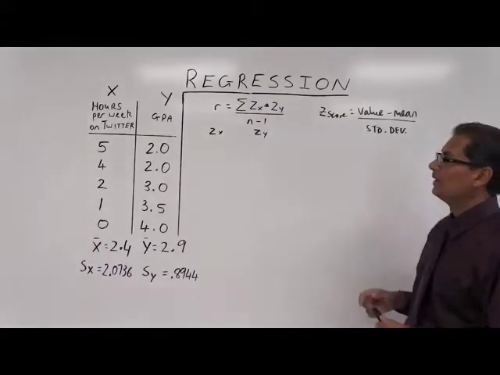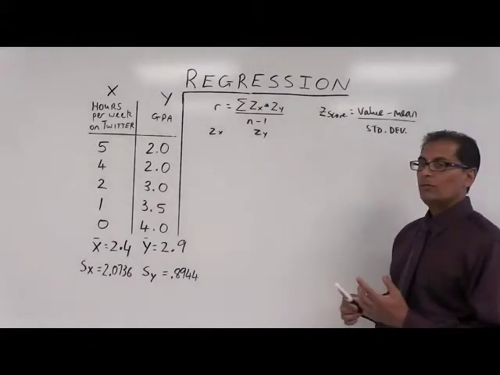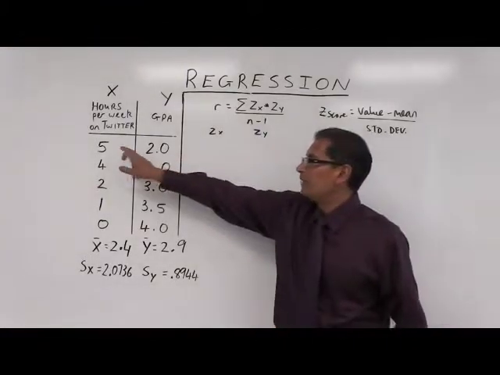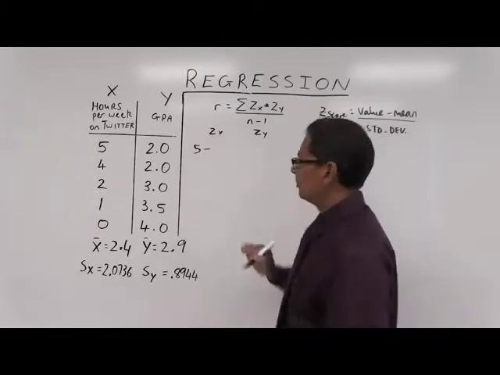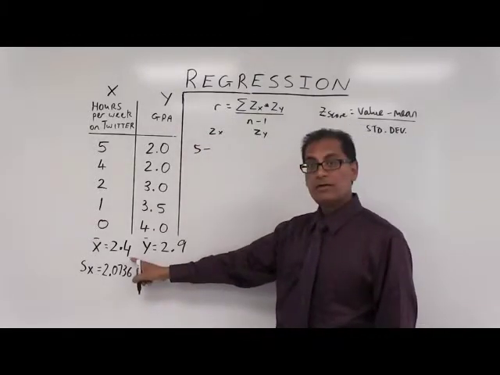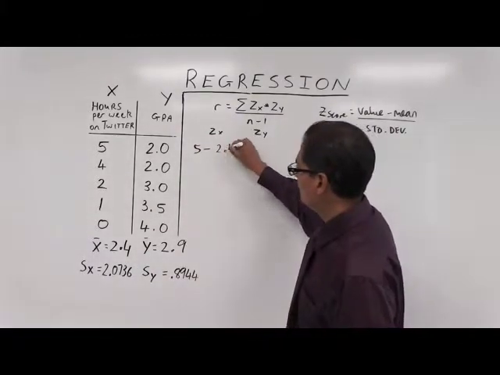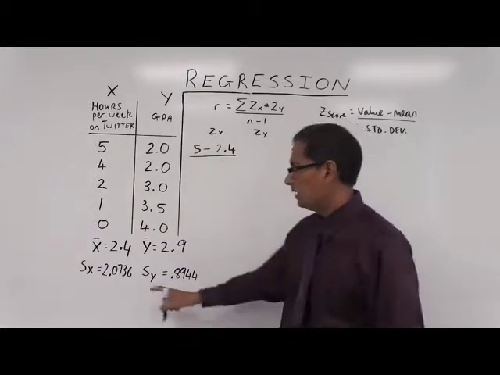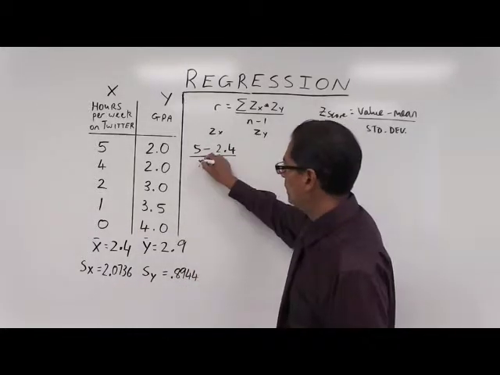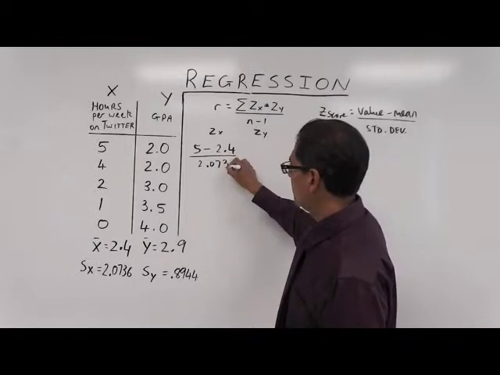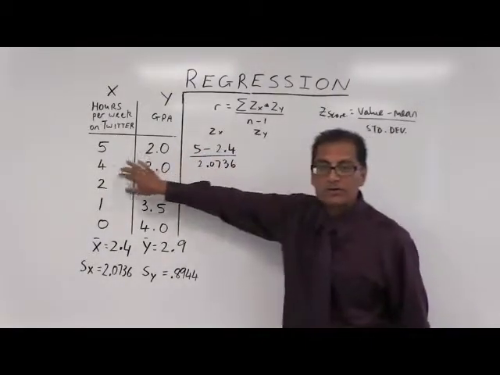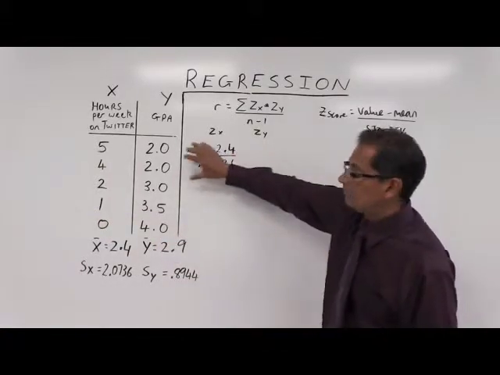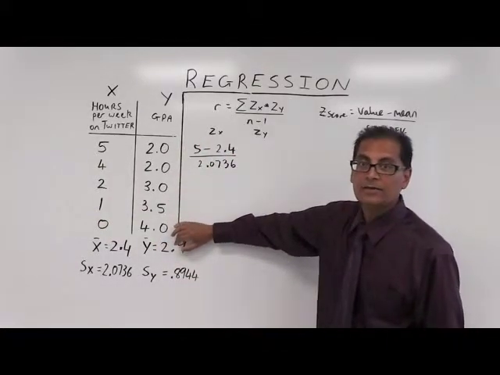If you wanted a z-score for this value of 5, you would take 5, subtract off the mean of 2.4, and then divide by the standard deviation of 2.0736. You have to do this calculation for each one of these numbers for the x's, and then for each one of these numbers for the y's.